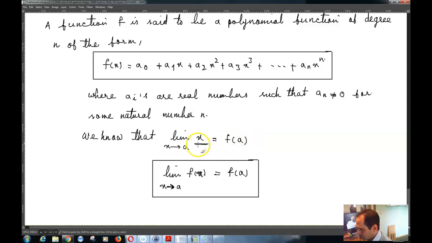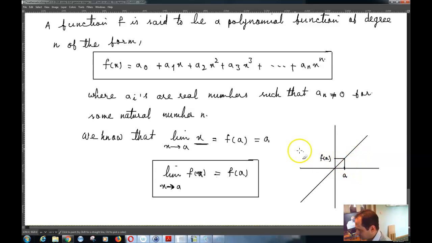This is going to be f of a. And in the case of this function, f of a is actually equal to a, because the function is basically something like this. You see that, for example, if this is a, then this is f of a, and f of a is always equal to a. For example, if this point is 2, this point is going to be 2.